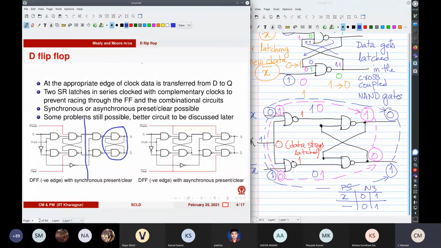Now here, what you see is that you have this one. This is called the master. Well, let me write it below. And this is the slave.